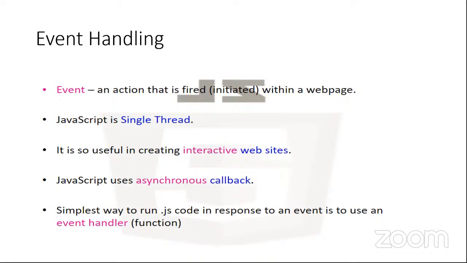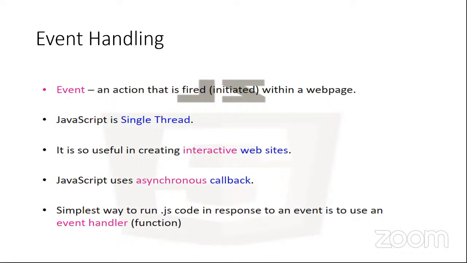And yes, JavaScript is single-threaded. It is also useful for creating interactive web pages, and JavaScript uses asynchronous callbacks. The simplest way to run JavaScript code in response to an event is to use an event handler.